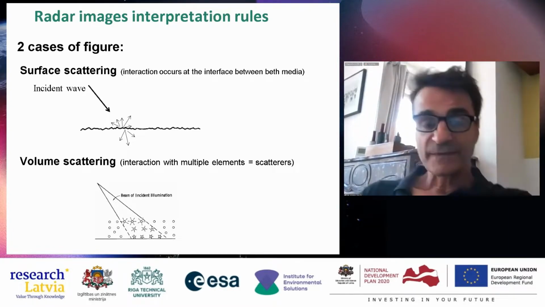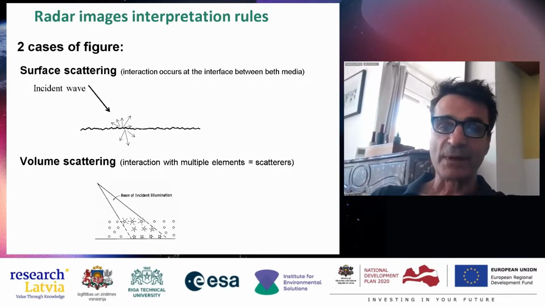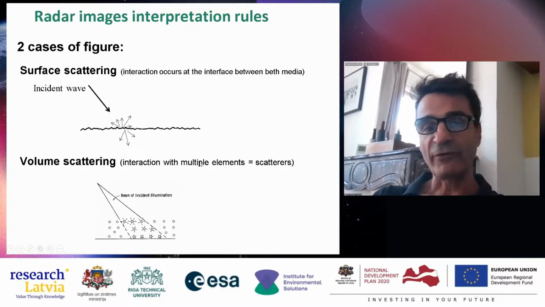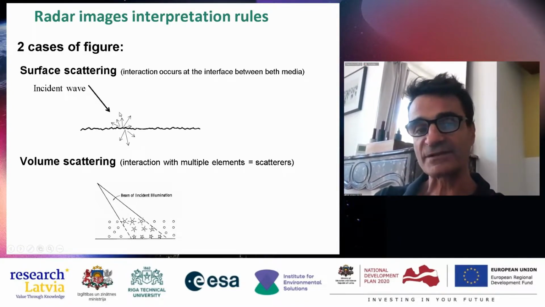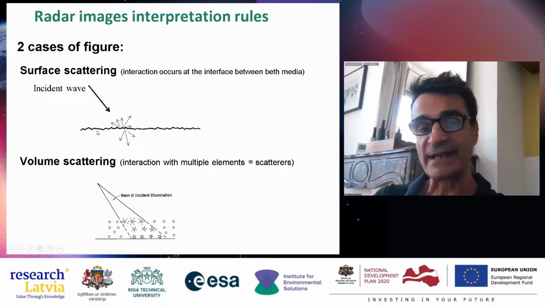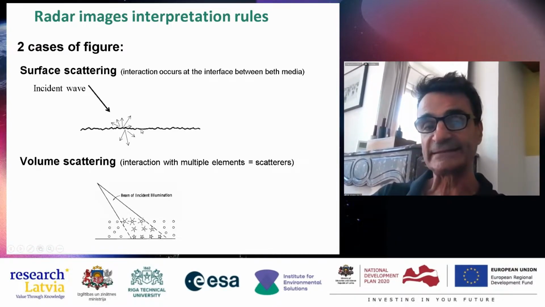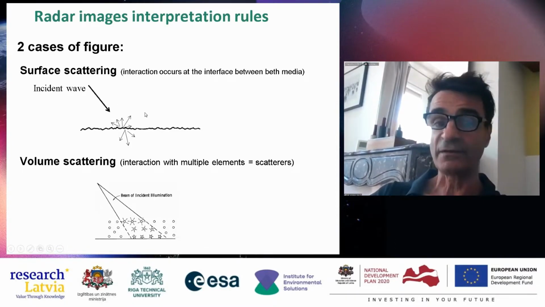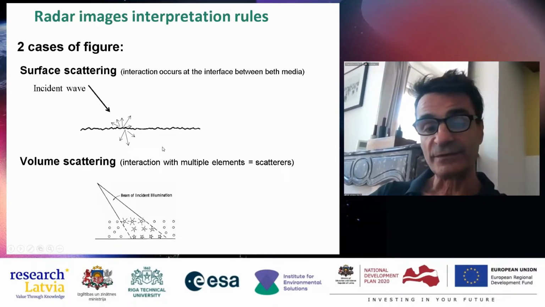Now, what happens when electromagnetic waves interact with a natural surface? You have two cases of figure. Either you have bare soil, and then we speak about surface scattering. The interaction occurs only at the interface between the upper layer, the air, and the lower layer, the ground.